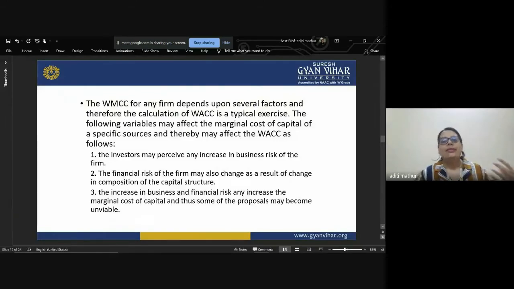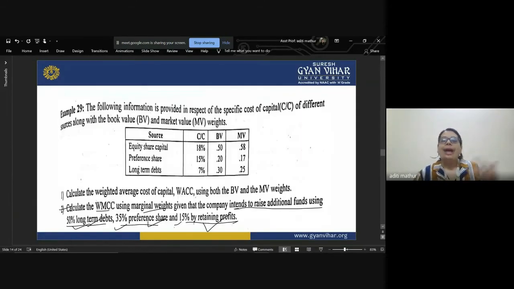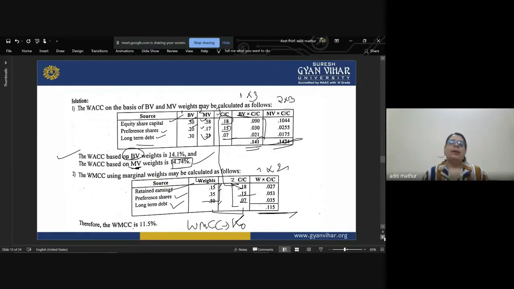We also discussed the factors affecting WMCC, the assumptions associated, and we solved a question in which the company raised additional funds, and we learned how to calculate the WMCC by using the rates and the weights which were given to us in the question.